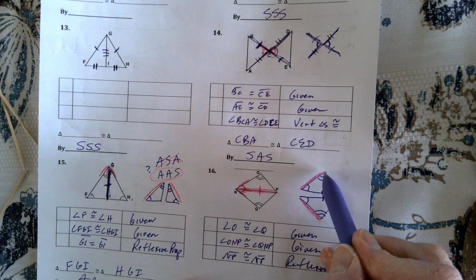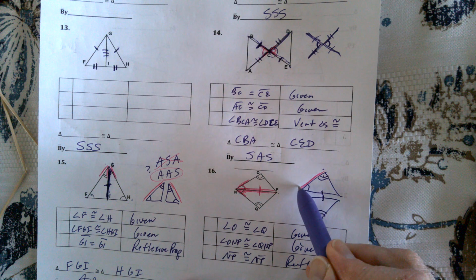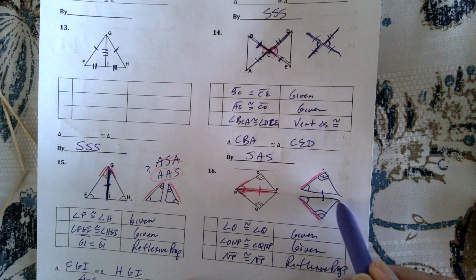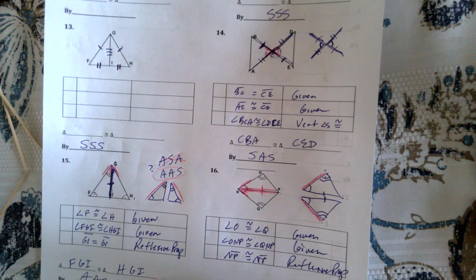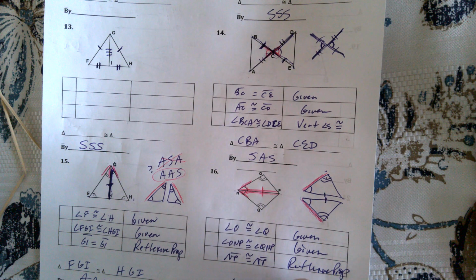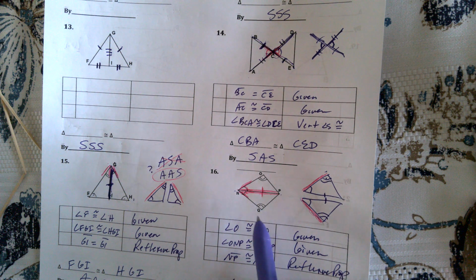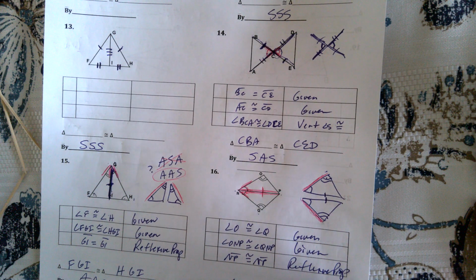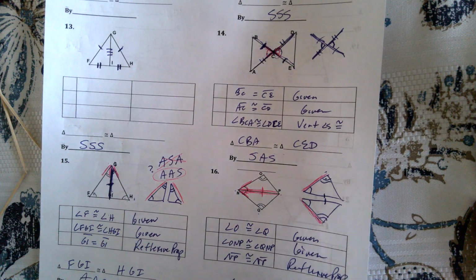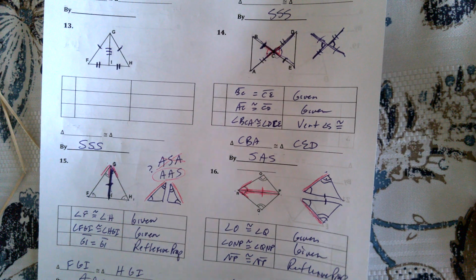So that means it's angle, angle, side. It's a non-included side. So I'm going to go triangle ONP has to go with triangle QNP. Okay? We'll flip, get it over, get it done.